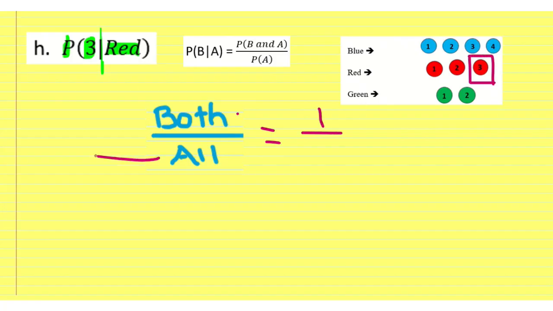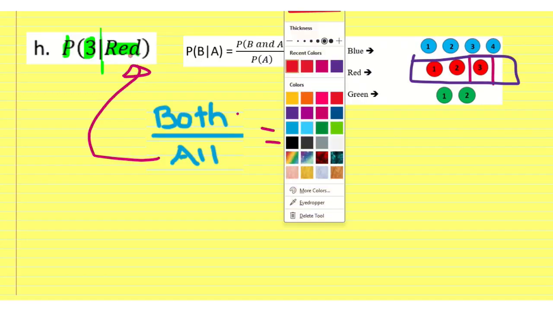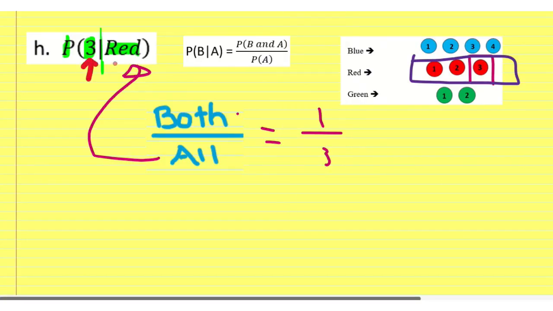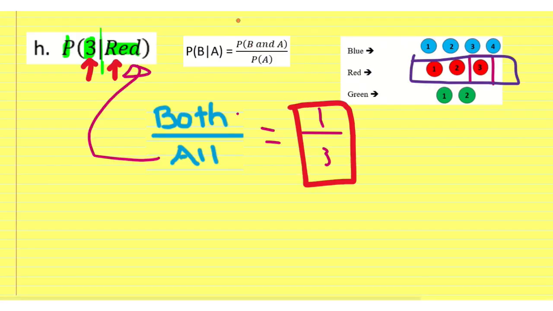And then I want to do all of the given, which is all of the red. Well, all of the red, I've got 1, 2, 3 reds. So that is going to be 1 out of 3 probability that we're going to draw a 3 marble that also happens to be red. 1 out of 3.